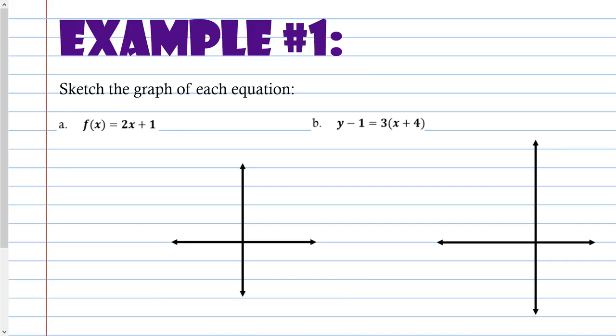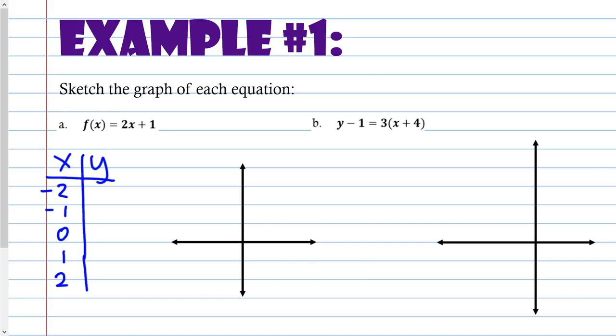I made my x and y axes, and the idea would be that you'd make a table, which you should know how to do. Write your little table, x and y, and then pick a few values. You normally want to take a couple of negative ones and a couple positive ones.